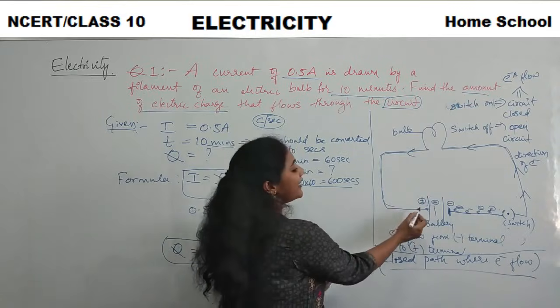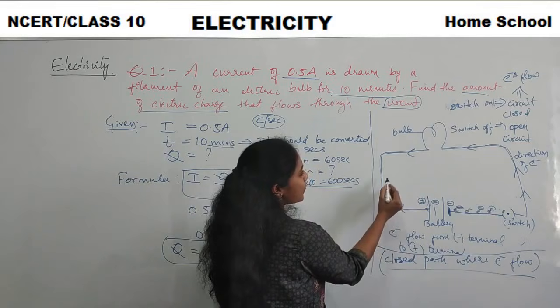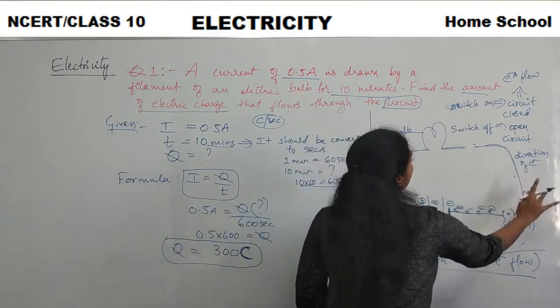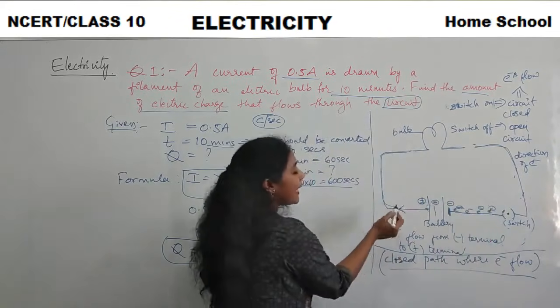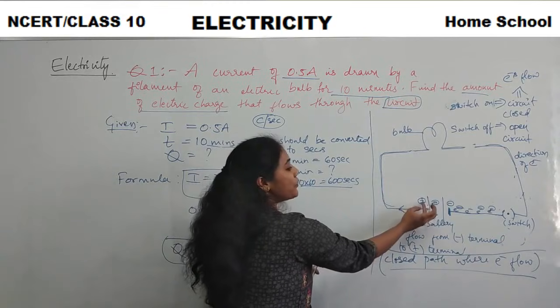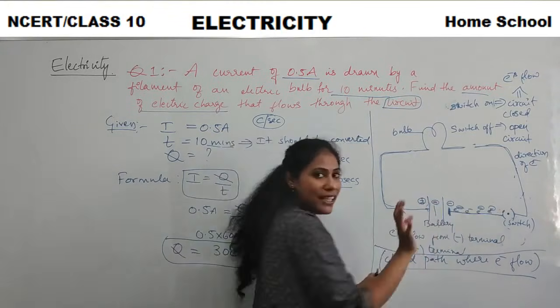So if you think positive charges are flowing, then the direction has to be this way, right? This is the direction of electrons, no doubt. But older scientists thought current is produced when positive charges flow, but that is wrong. Now we know it is because of the flow of electrons.